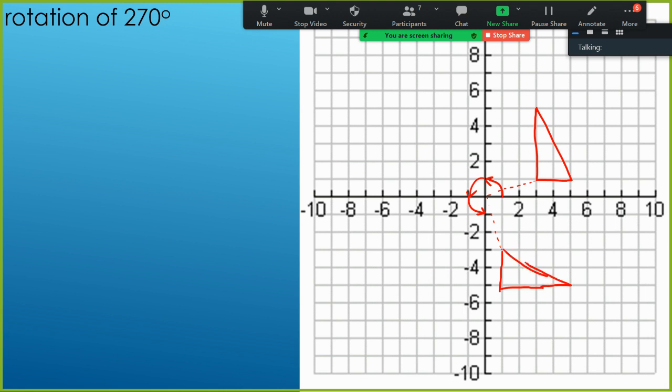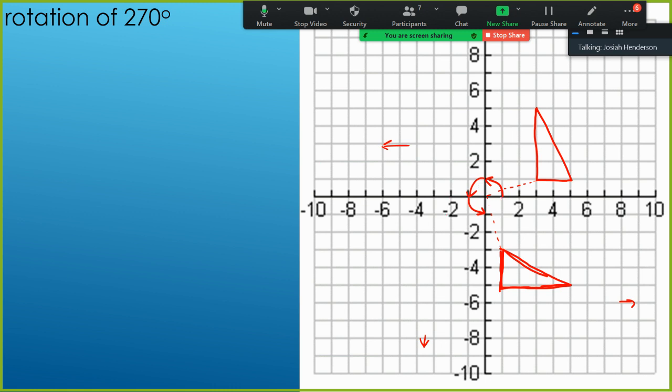There we go. First, our sharp point was pointing left when we did 90. Then it went pointing down. And now finally it's pointing to the right as we track those different rotations.